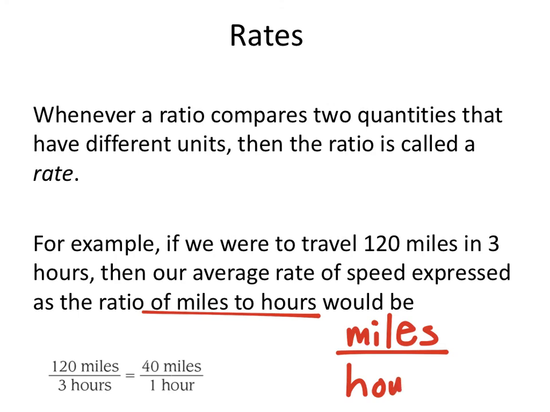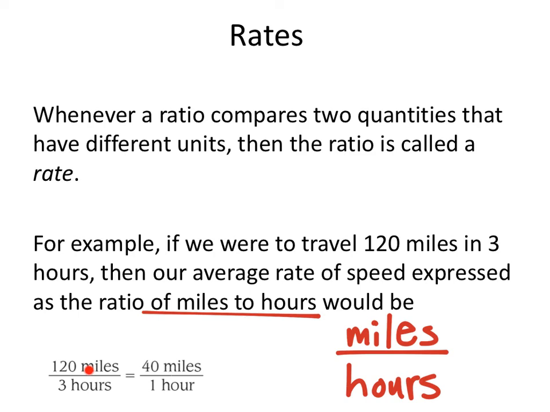So miles is in the numerator, and hours is in the denominator, which is why we see it over here that way. Now notice they don't say you got a miles to hours ratio of 120 to 3 miles to 3 hours, and then suddenly it changed from hours to miles. So wherever you put the labels, miles in the numerator and hours in the denominator in this case, keep them there.